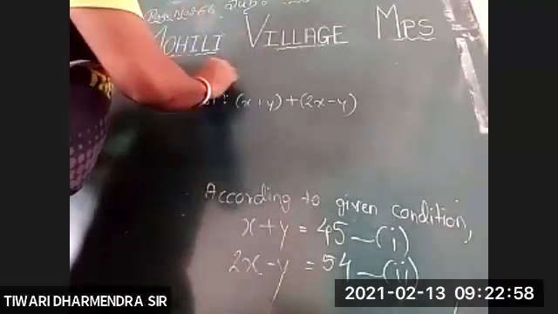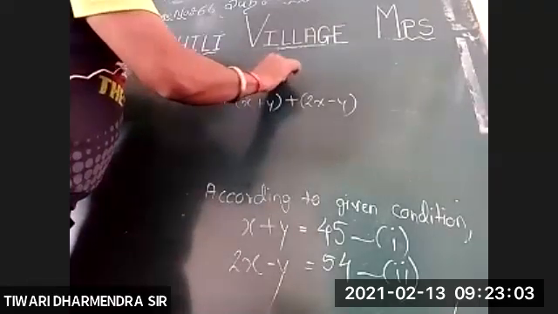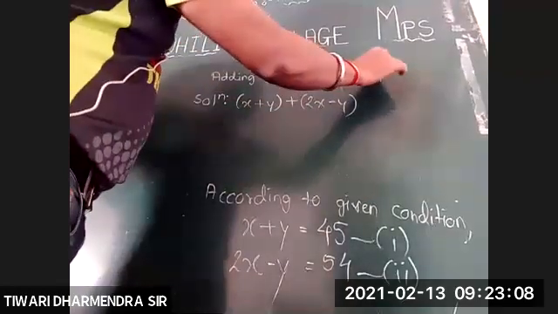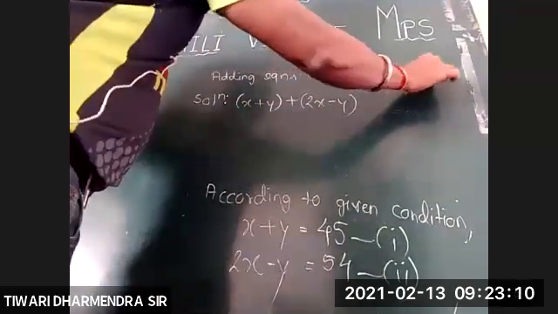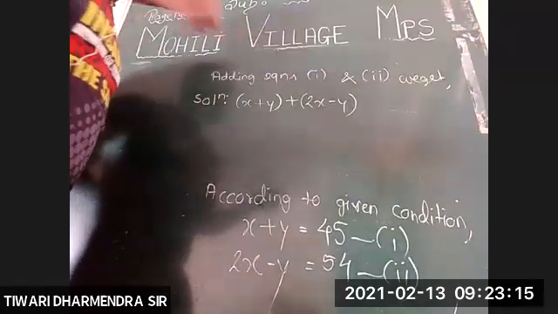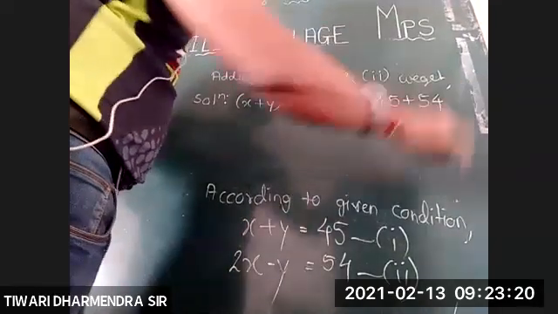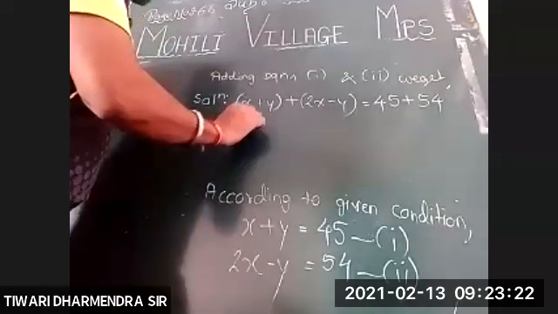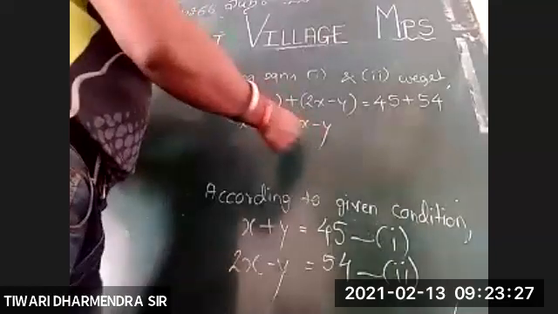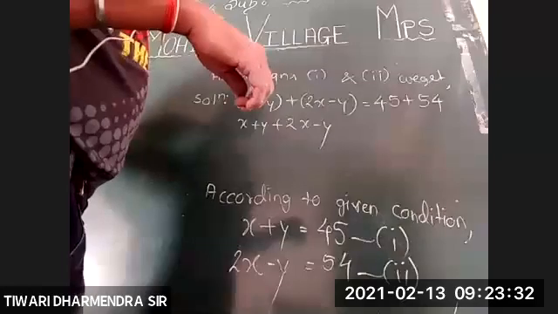You can mention if you want, adding equation 1 and 2. We get x plus y plus 2x minus y is equal to 45 plus 54. So after opening a bracket, x plus y plus 2x minus y, sign remains same because we are having plus sign outside the bracket.